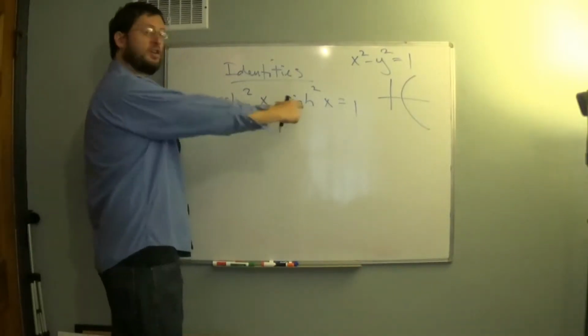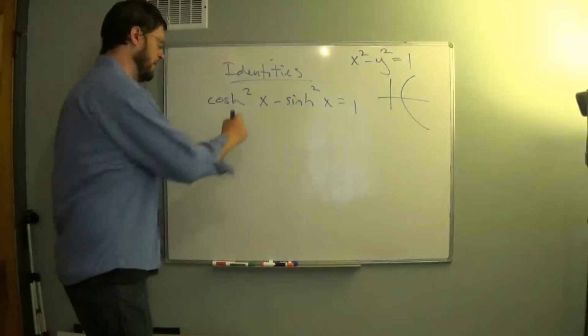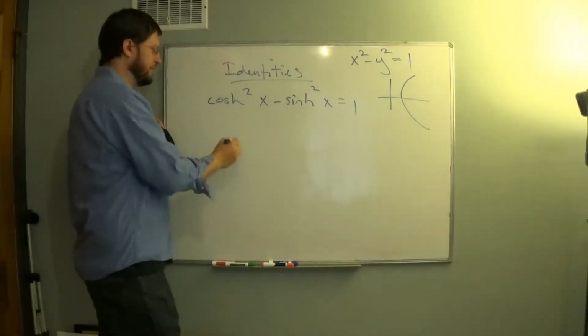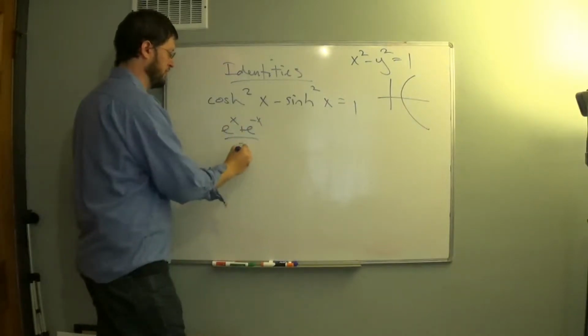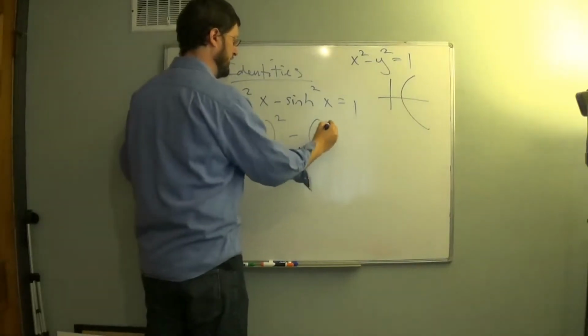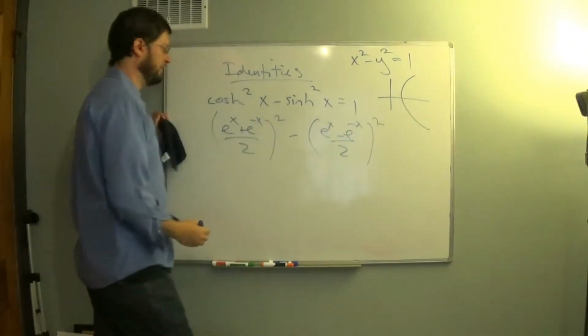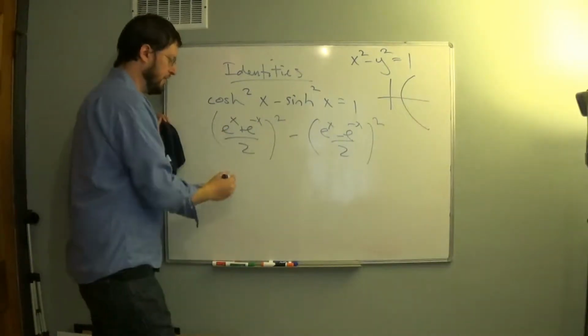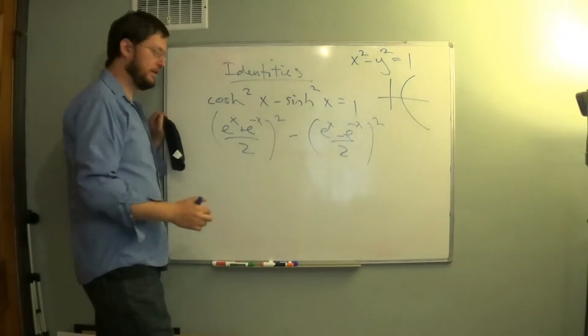And we can actually work this out by using the definitions I gave a minute ago. Okay, so let's use our formulas. This is, remember, e to the x plus e to the negative x over 2, then squared, minus e to the x minus e to the negative x all over 2, squared. If we square this, then we get 4 in the denominator, and we have to think about this as foiling the numerator.